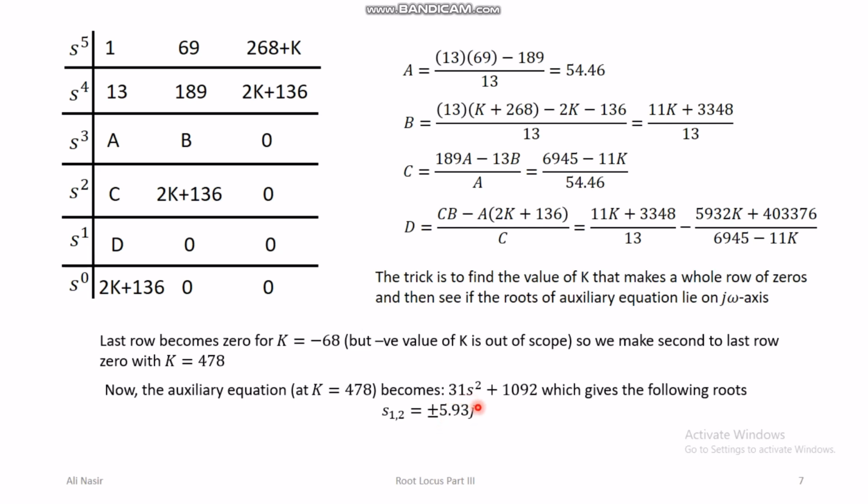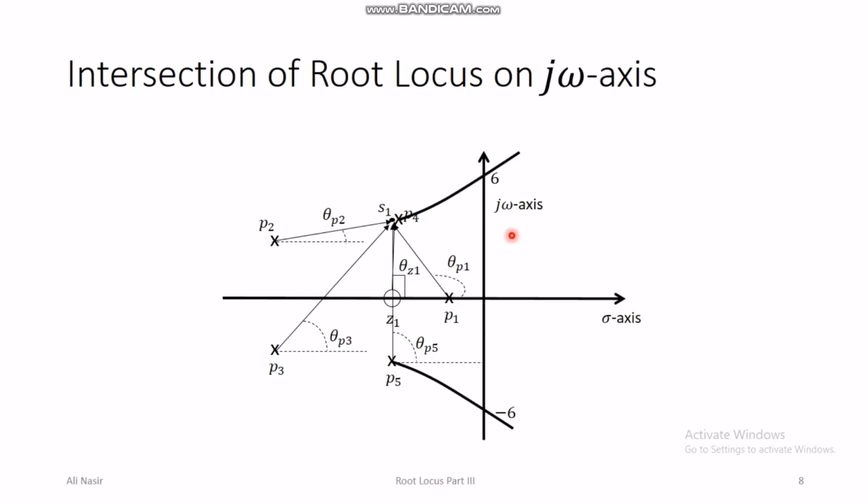It is not necessary that the roots will always be on the j omega axis. The roots could be away from the j omega axis. If the roots are not on the j omega axis, that means root locus does not intersect the j omega axis. But if the roots are on the j omega axis, then the root locus does intersect at these points. So we saw a graphical depiction of that.